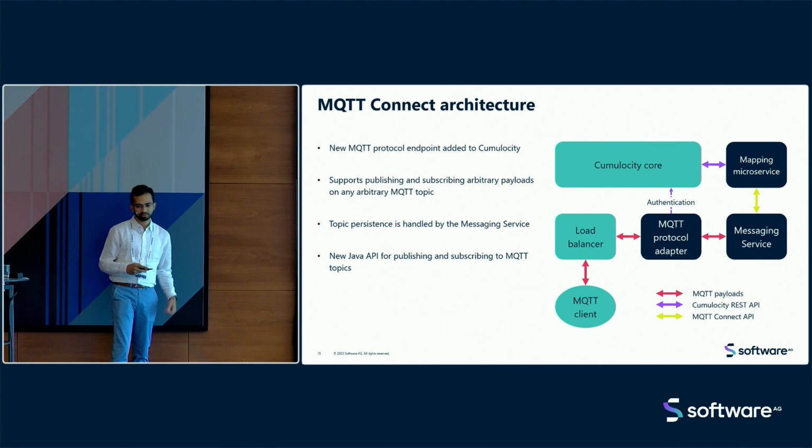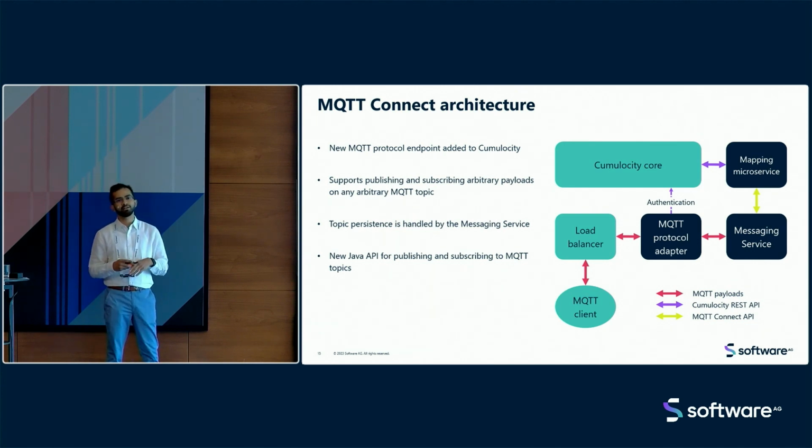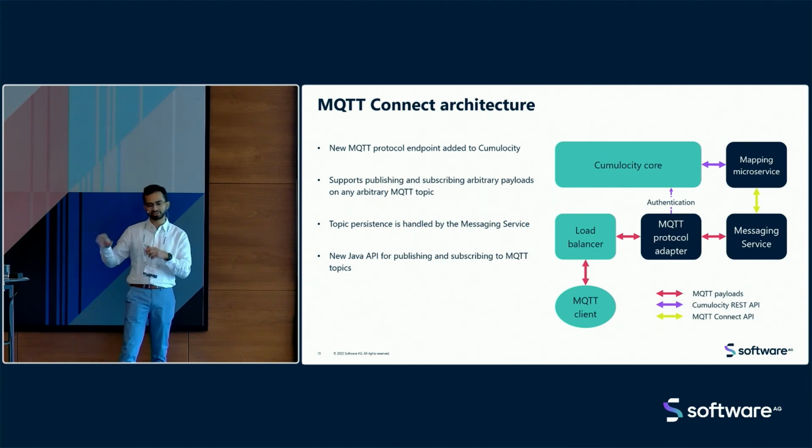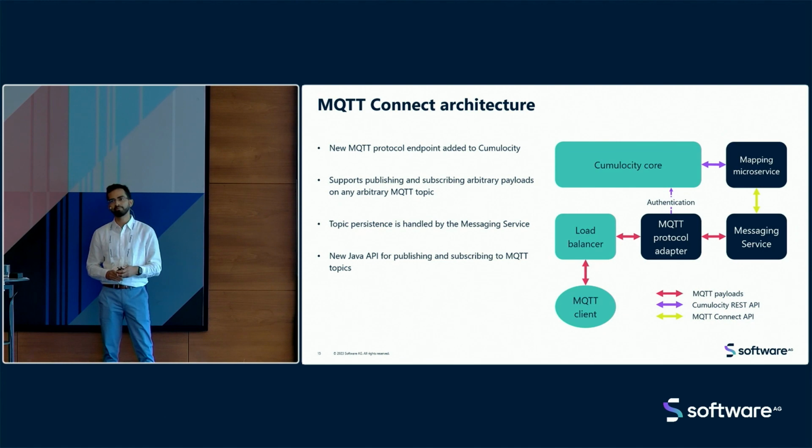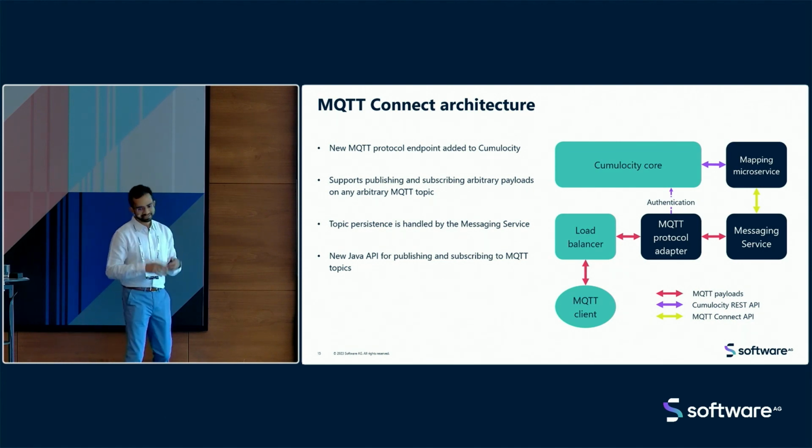Right, there's an asterisk to that. You can't quite use any topic that you would like. There are a few restricted topics, and they're typically the topics that our existing MQTT implementation already has. So except for that, you can pretty much use any topic that you want.